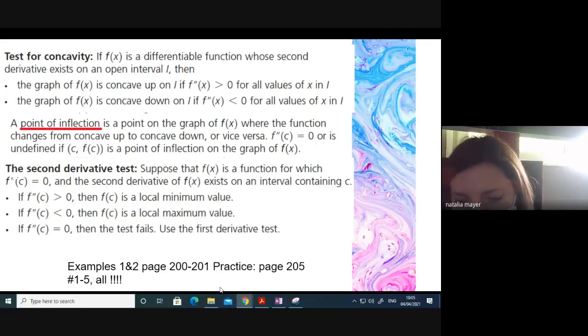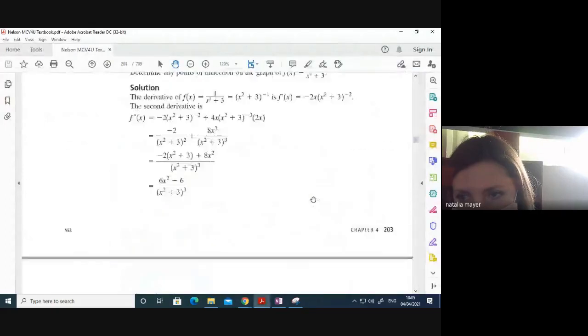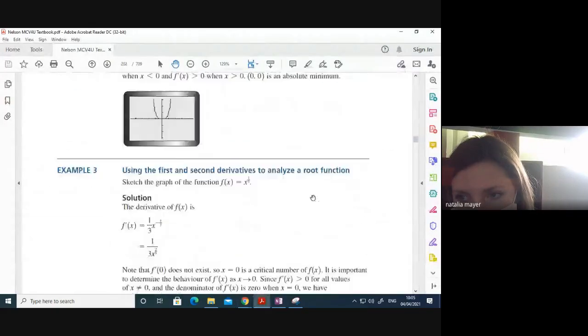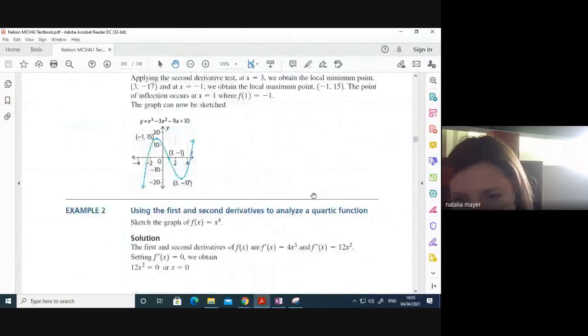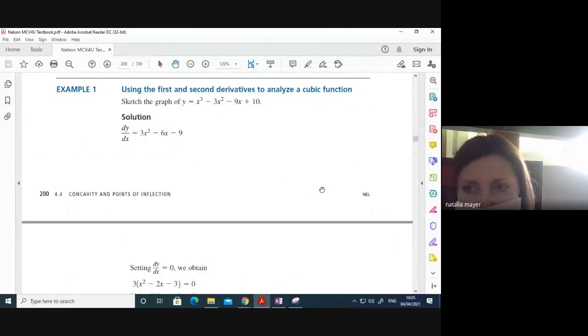Okay, so we have a function. What is the type of the function, Abdurrahman? Cubic function, but more generally, polynomial function.